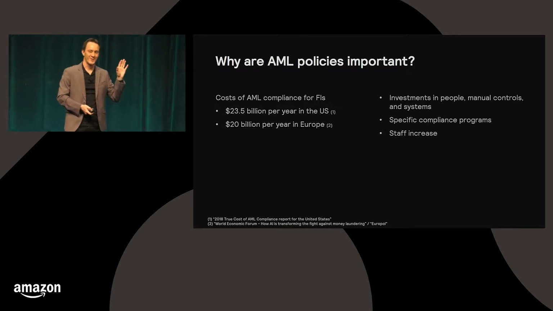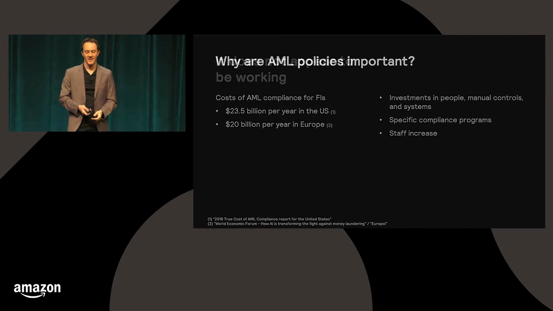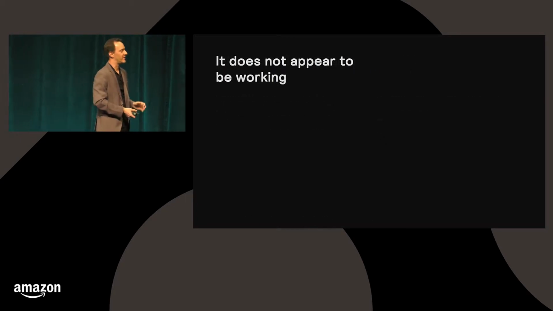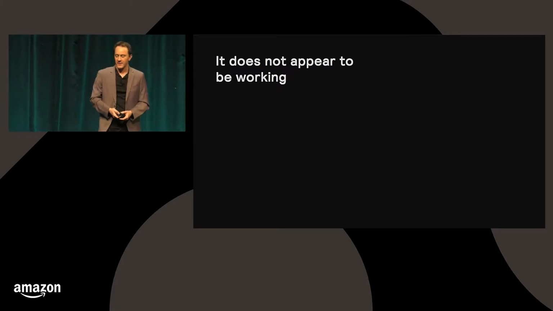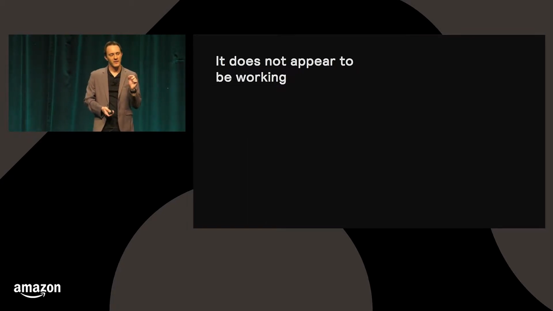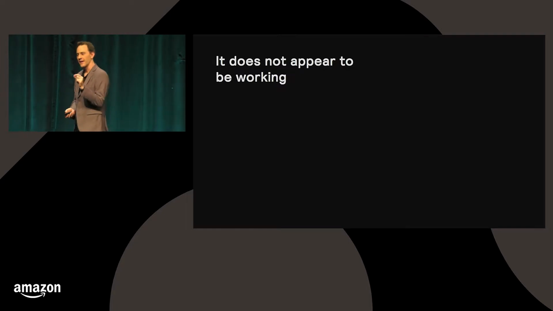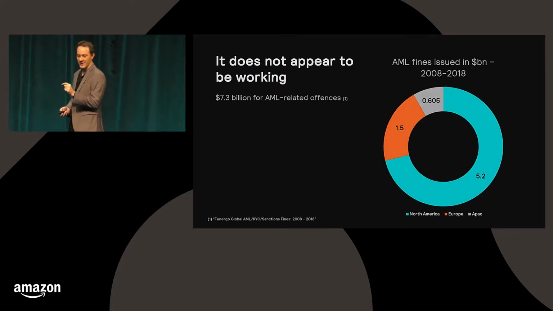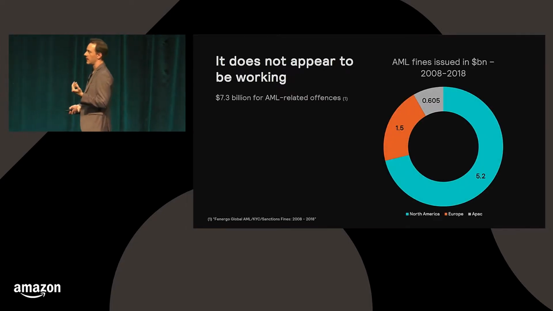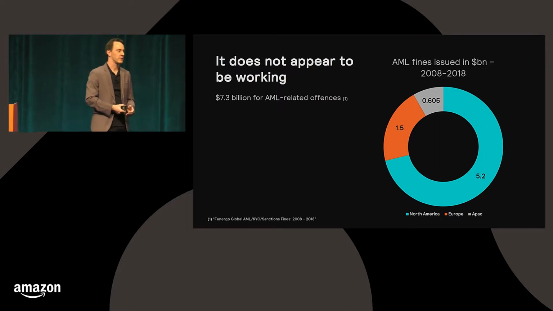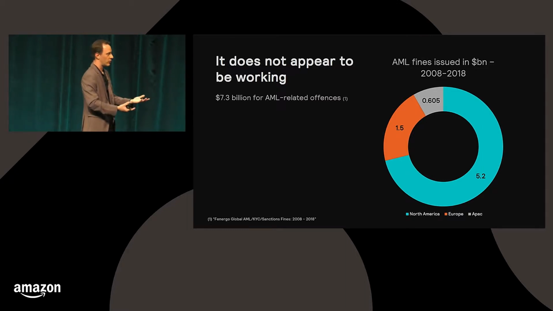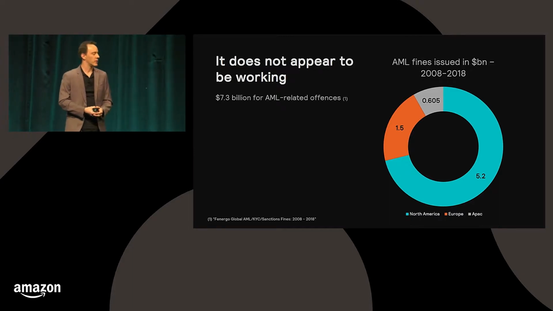Even thinking about this large amount of money, according to the World Economic Forum, it does not appear to be working. So if we dive deep a little bit into those, we can see that over the last decade, from 2008 to 2018, more than $26 billion of fines related to AML, know your customer, and sanctions-related offenses were issued.